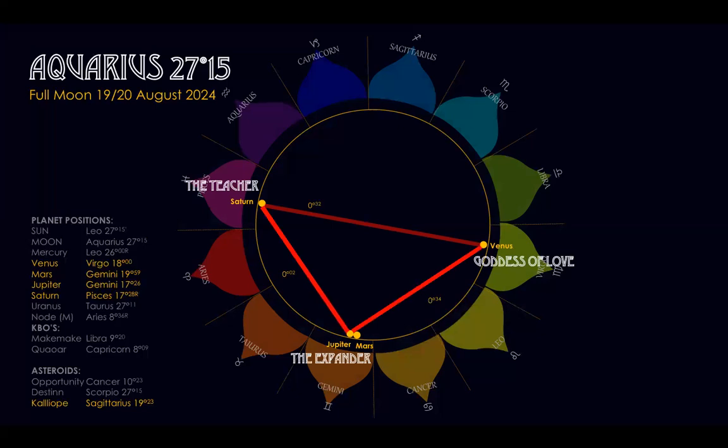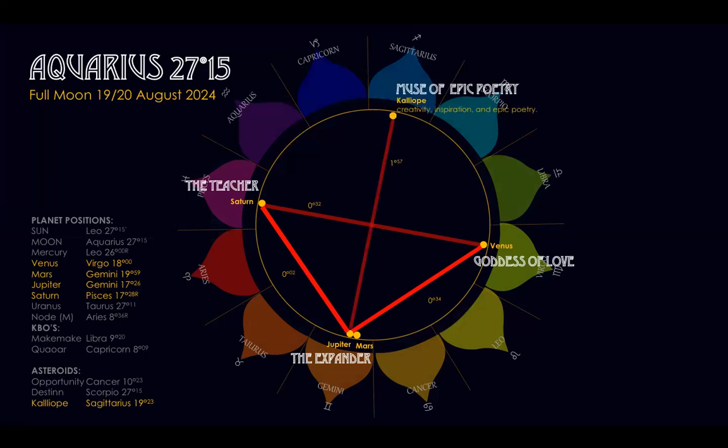In the Douglas Bloch and Demetra George book, it actually says principle of improvement, but I've chosen to call Jupiter the expander for it to be like for like with the other titles. So here we have again another pretty tight T-square. So 2 minutes between Saturn and Jupiter and 34 minutes between Venus and Jupiter.